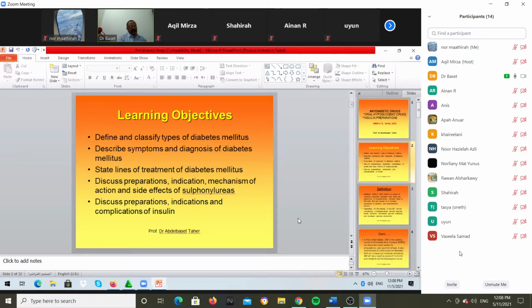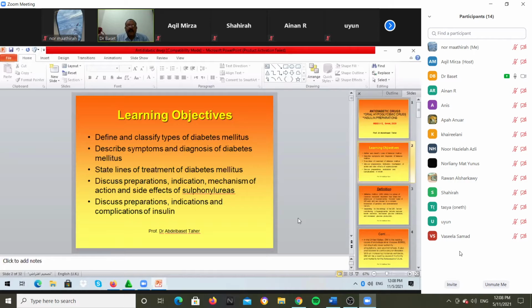This is the new classification: insulin secretagogues, insulin sensitizers, and the drugs which inhibit the glucose absorption.